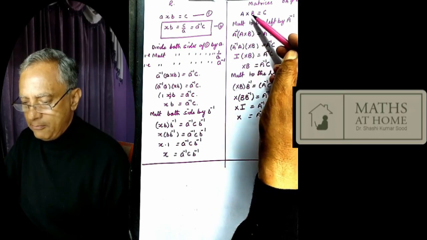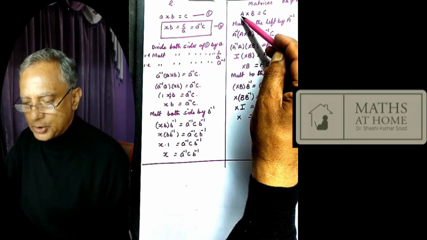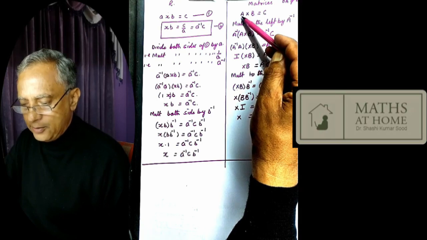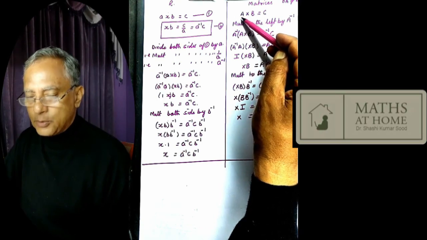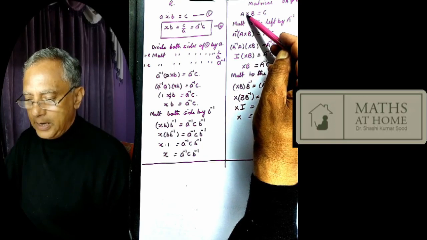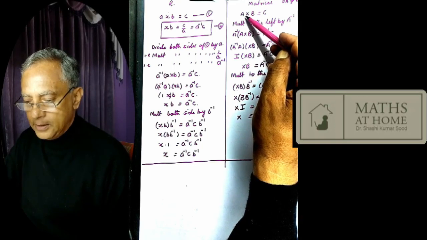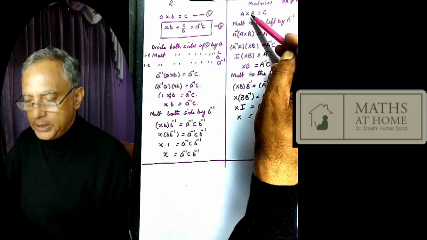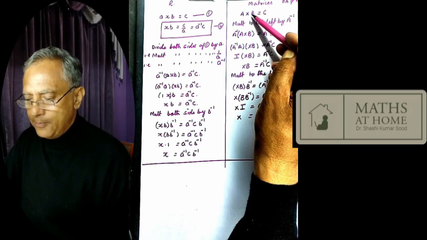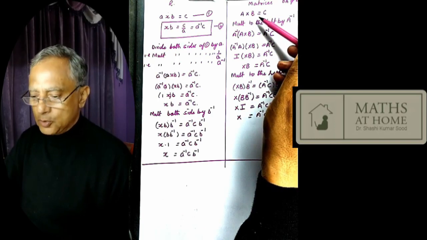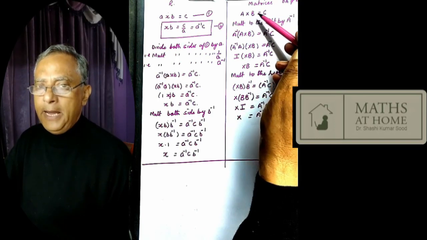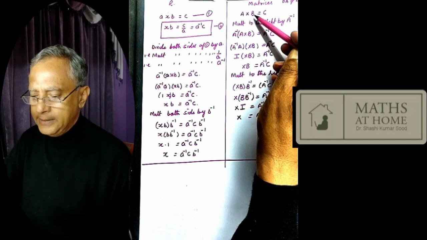AXB is equal to C, multiply by A inverse to the left, we will get A inverse into A. This will become identity. I into X will be X. So we'll be left with X into B. And in order to remove this B, we multiply from the right by B inverse. So B into B inverse will be I, and we will get X.